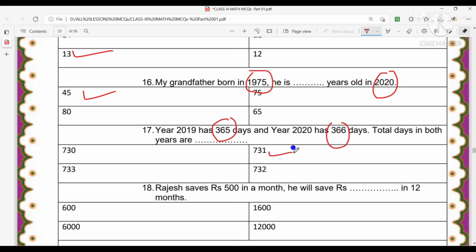You can add 365 plus 366. You will get 731. Rajesh saves 500 rupees in a month. How much will he save in 12 months? So 500 into 12, you will get 6,000. Okay.